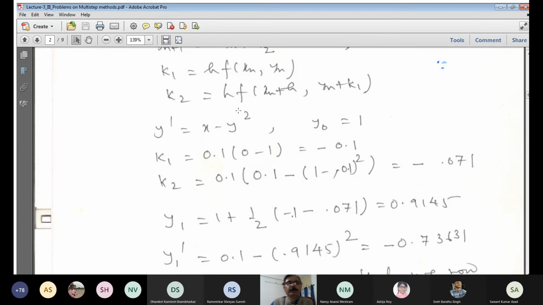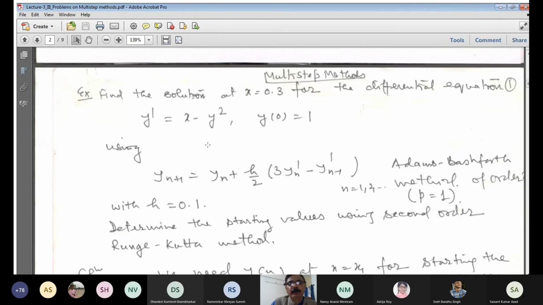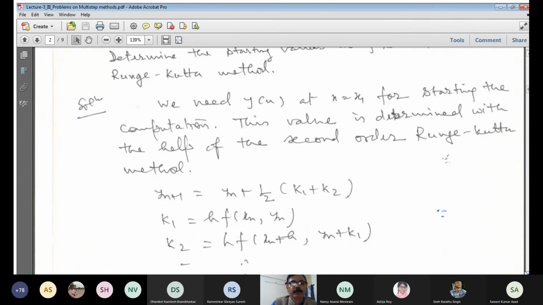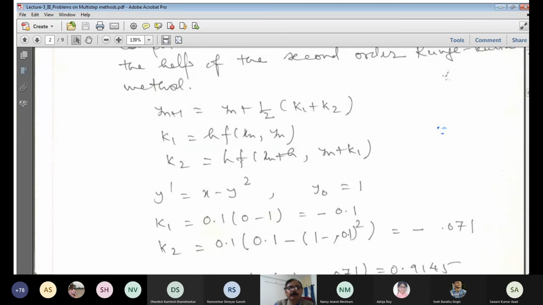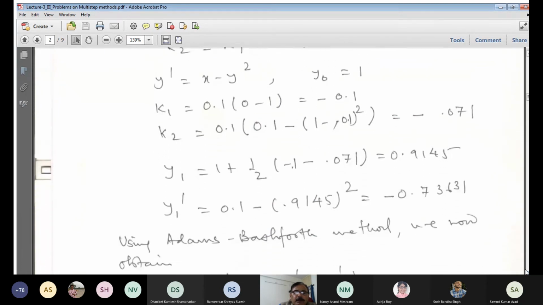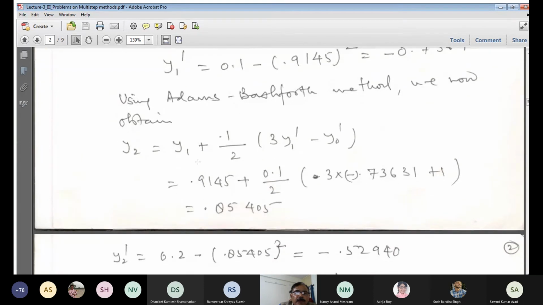So K1 is h times f of xn, yn. f is x minus y square. So you can calculate your y1 using that, and then you can proceed further to y2. y2 is calculated using the Adams-Bashforth method.